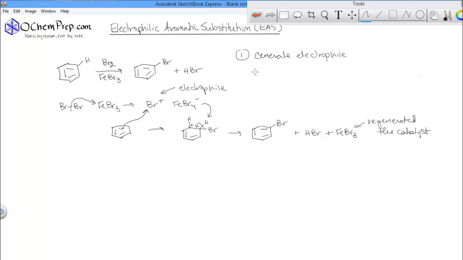So if we look at our 3 steps, our first step is generating the electrophile. The second step is the electrophilic attack on the benzene ring, losing the aromaticity. And the third step is losing the H+ to regenerate the aromaticity.